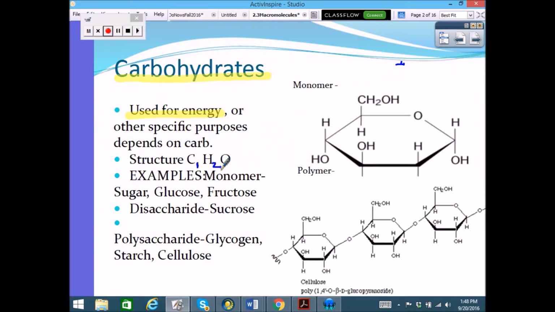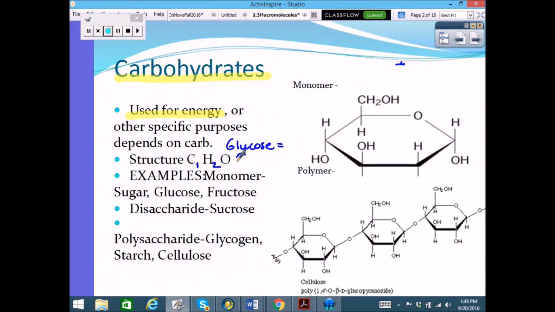So does anybody know the formula for, let's say, the most common sugar out there, which is glucose? Does anybody know the molecular formula of glucose? So the most common monomer out there is glucose.